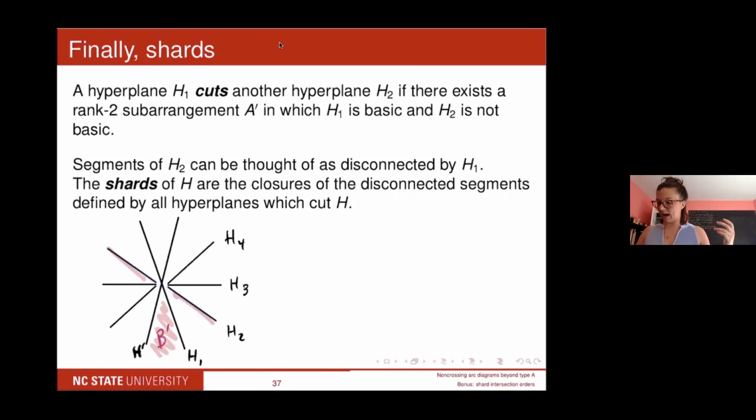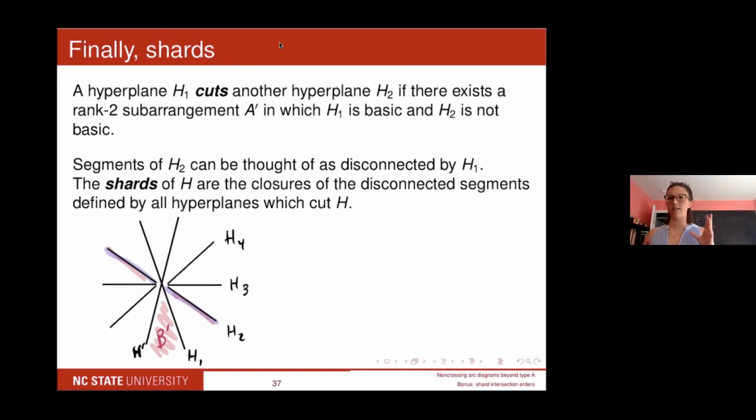Removing it from the origin lets us see this is broken into two shards in this hyperplane arrangement. We could consider other rank 2 subarrangements where maybe H2 is cut again by another basic hyperplane.